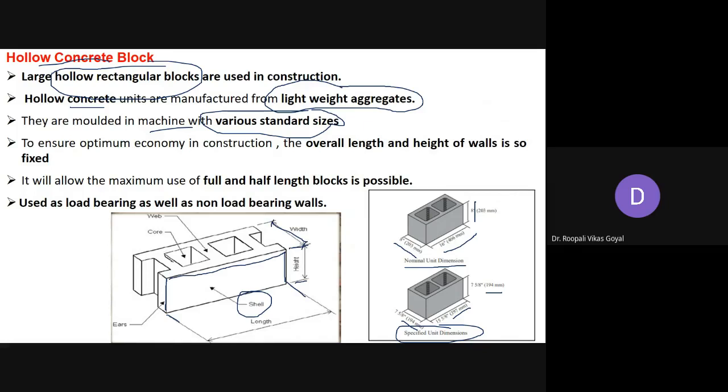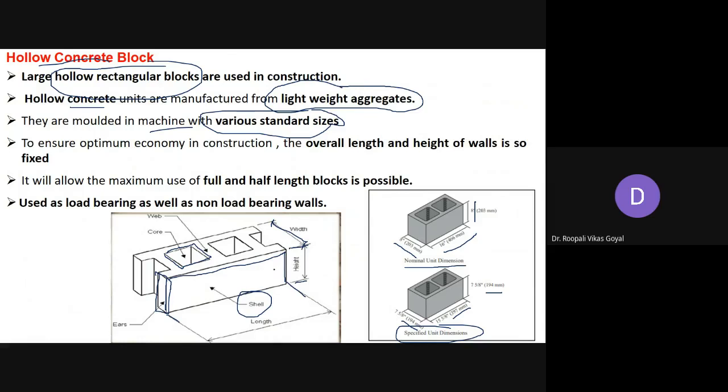This particular portion is called the core portion, which is basically the cavity, the hollow provided in the concrete block. The portion between these two cores is called the web. And this extended portion, just like the header portion, is generally called the ears. These are some of the technical terms related to the hollow block.